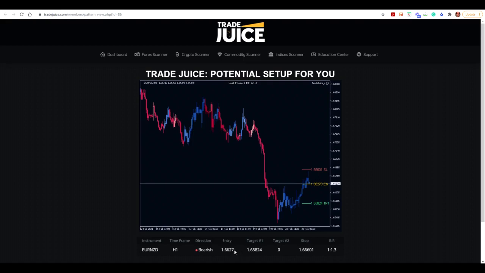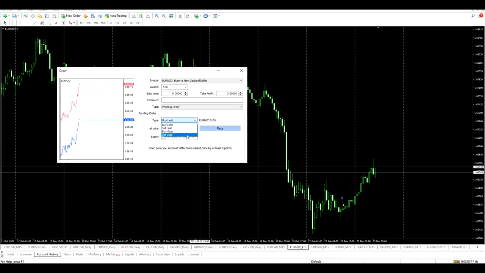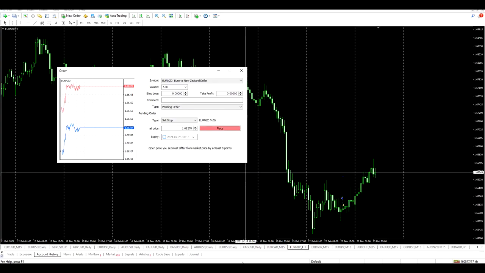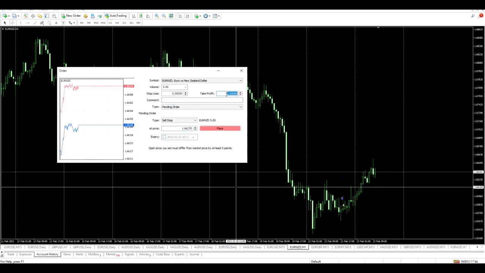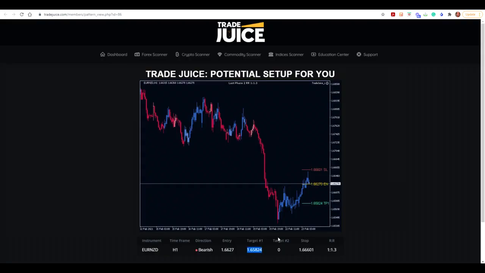All I'm going to do is copy the entry, and I'm going to put that in, and we're going bearish, so I'm going to put this in as a sell stop at price, and then all I have to do is copy over my target, which is my take profit, and I'm going to put that in right here, and I just set my stop, and that's displayed for me here.